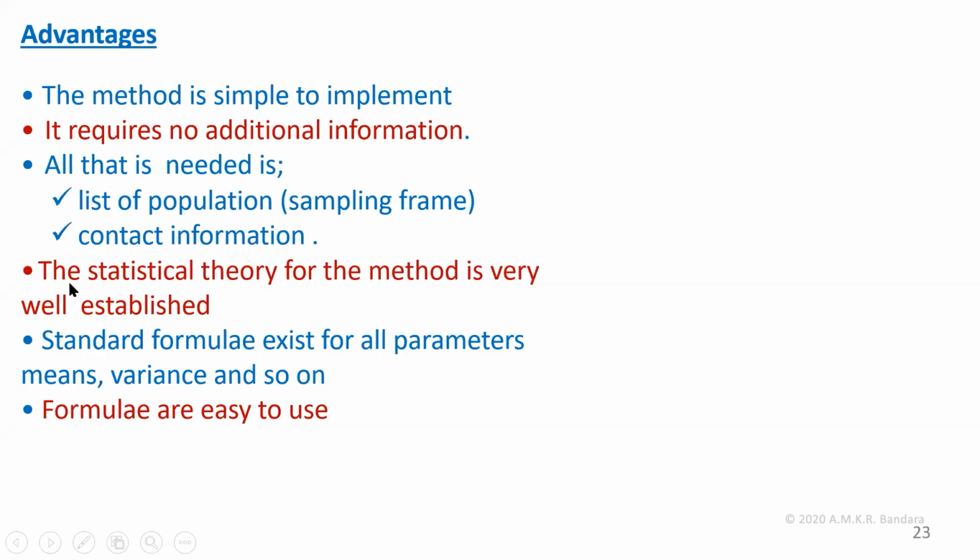The biggest advantage is that the statistical theory for this method is very well known, very well established. We can calculate any statistics if you draw a simple random sample. Also, standard formulas exist for all parameters of the population, that is mean, variance, and any other parameters of the population. Standard formulas are available to calculate, and formulas are easy to use if you use simple random sampling.